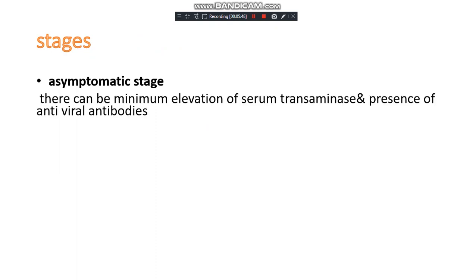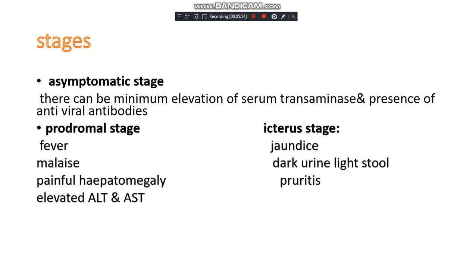Now let's talk about the stages of hepatitis. Now remember that the patient will be presented to you according to the stage, that is to say, at what stage the patient is going through. So, in the early stage, there's the asymptomatic stage. There can be minimum elevation of serum transaminases and presence of viral antibodies.